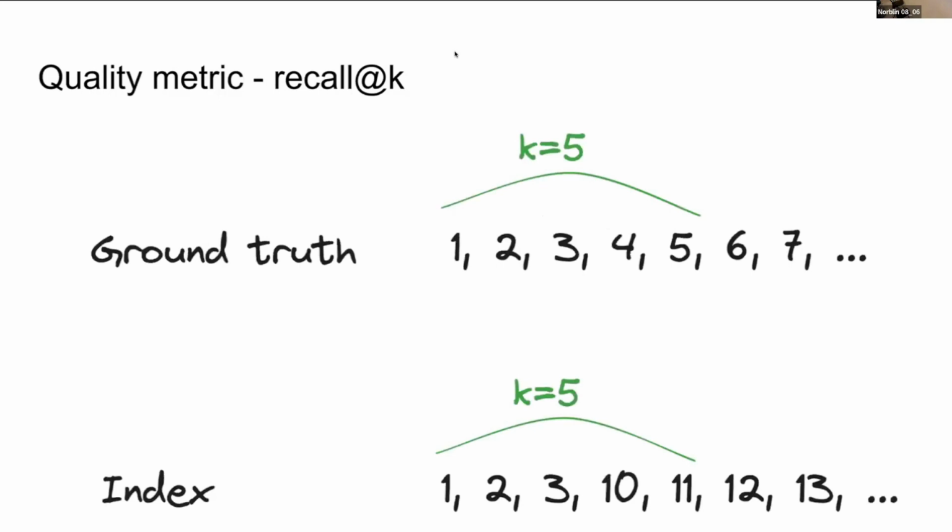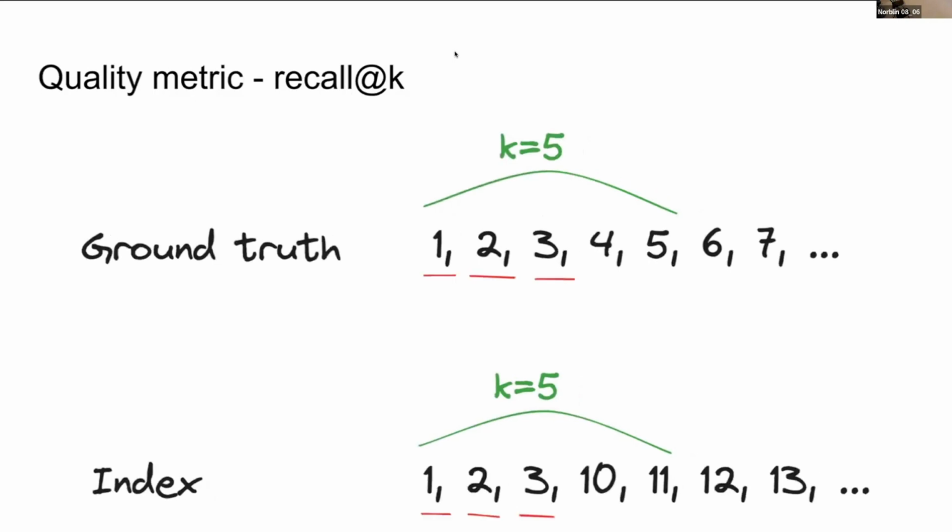Then we would take the top k neighbors from each result set. In our case, k is equal to 5. So we would take the 5 closest neighbors from the first query and 5 from the second query. And then we would compute the intersection of those result sets. In our case, we have neighbors 1 to 3 in common because they are present in both sets.